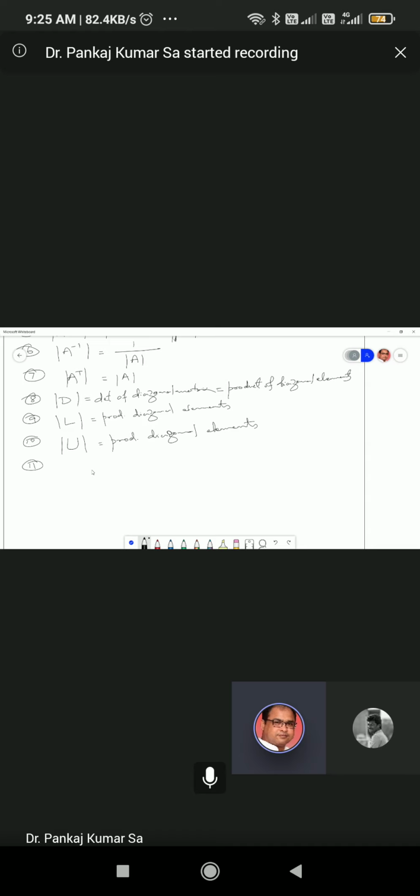One more important property, that is, usually we do it using Gaussian elimination. What is that?